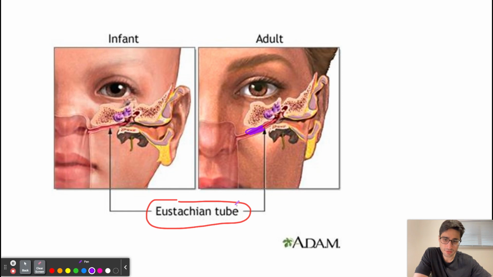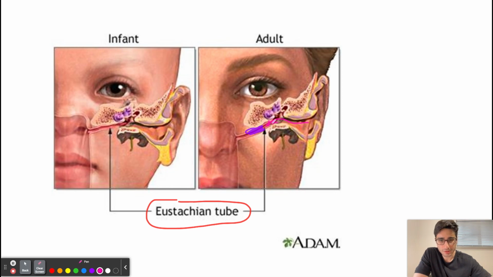One of the functions of the eustachian tube is to stabilize the pressure between the ears and the atmosphere, and the other function is to drain secretions coming from the ear. Because of this blockage, these secretions are not able to be drained.